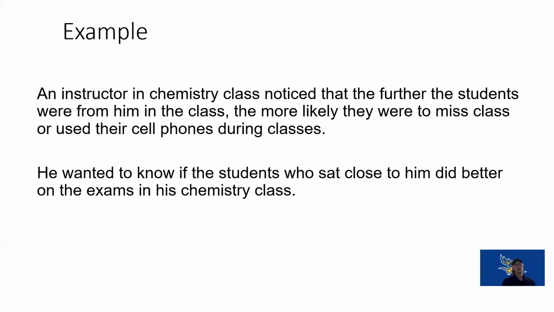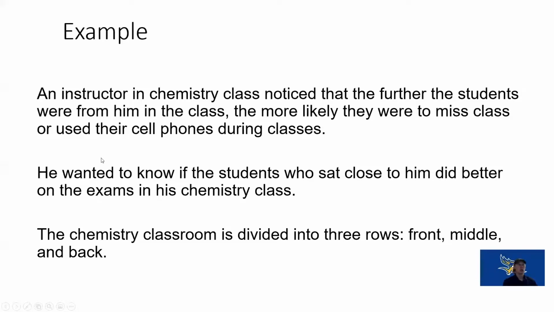So he said, hey, there might be a difference between where people sit in class, and he wants to know if that actually has an effect on their exams. So he divided the chemistry classroom into front row, middle row, back row. And he's going to compare: do the ones in the front, the ones in the middle, and the ones in the back differ on their exams?